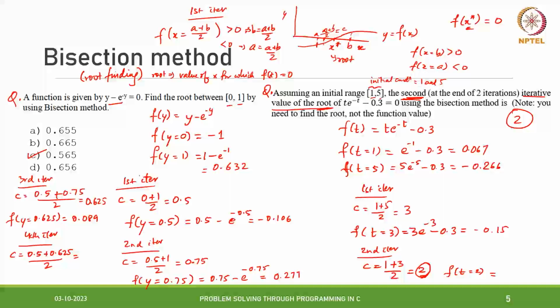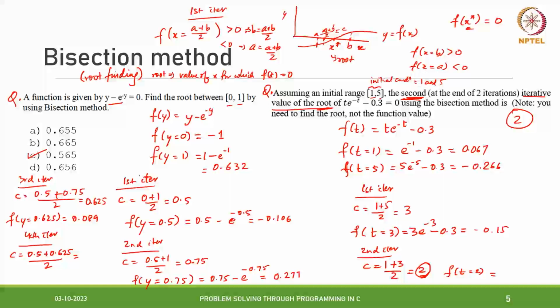We get the midpoint to be 2, and then we calculate the value at t equals 2. Now if this came out to be positive, say, and the value were closer to 0 than 0.067, then we would have considered this 2. For the next iteration, instead of 1 and 3, we would have taken the midpoint of 2 and 3.